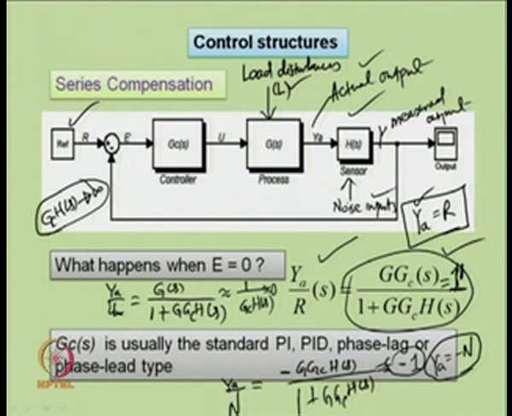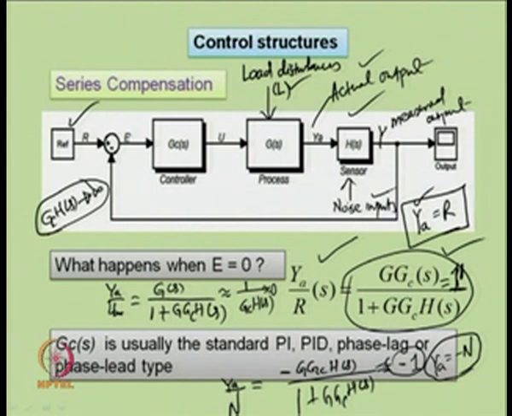So, some trade off has to be made to design a proper controller such that not only the set point tracking is made, a proper tracking system is designed, but also all the disturbances are suppressed as much as possible. That is the design objective of a closed loop control system.